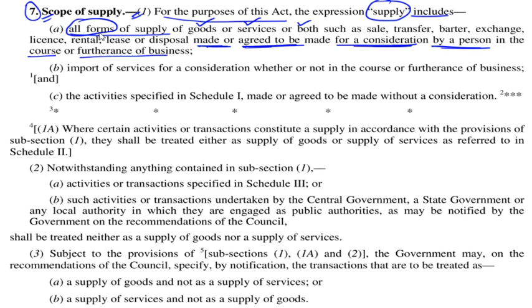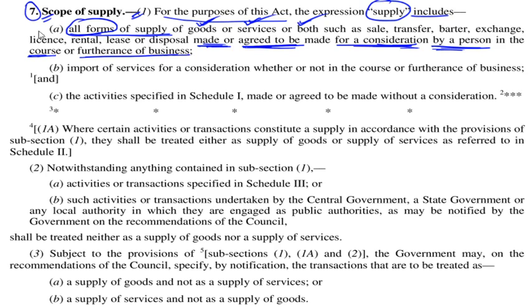So supply includes all forms of supply of goods, services, or both, made or agreed to be made. There is agreement, or already made. Supply is made for a consideration by a person in the normal course of business or for furtherance of business.